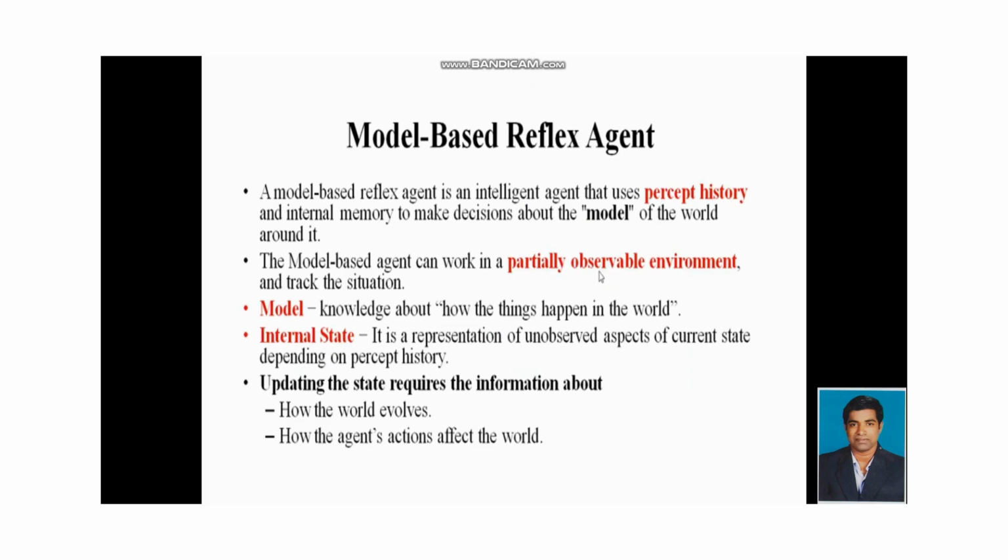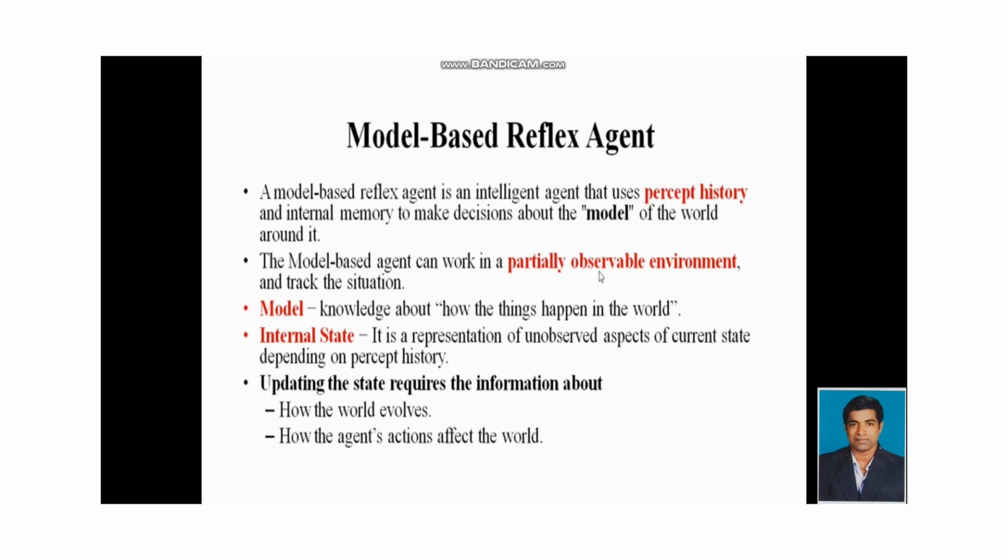Model based reflex agent. A model based reflex agent is an intelligent agent that uses percept history and internal memory to make decisions about the model of the world around it. The model based agent can work in a partially observable environment and track the situation.